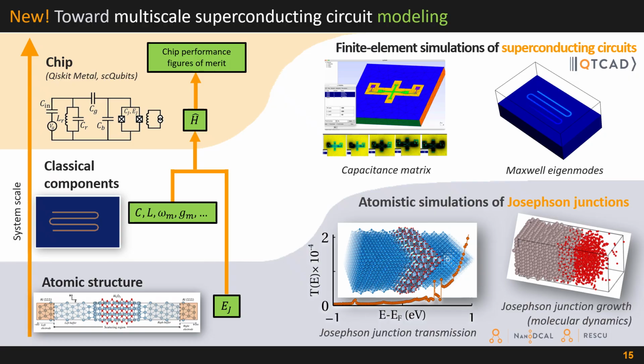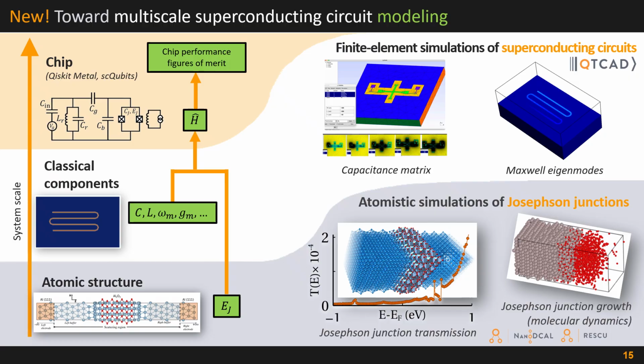At the length scales of classical components, one is interested in, for example, capacitances, frequencies of Maxwell eigenmodes, coupling strengths, etc. And these are typically captured by finite element modeling software that are used conventionally in microwave engineering. And we're proud to announce that QTCAD now supports these features. Starting from QTCAD 2.0, it is possible to compute capacitance matrices and Maxwell eigenmodes using QTCAD.